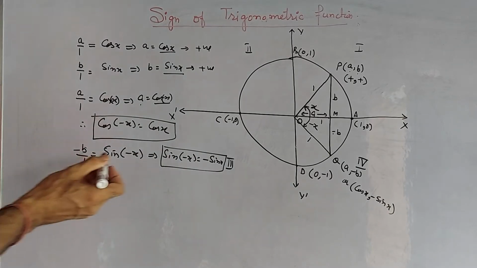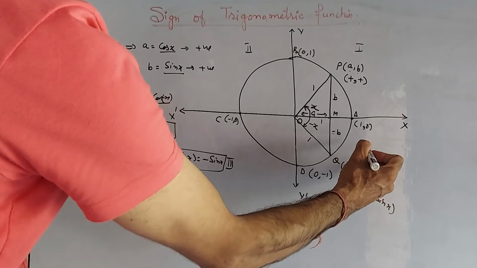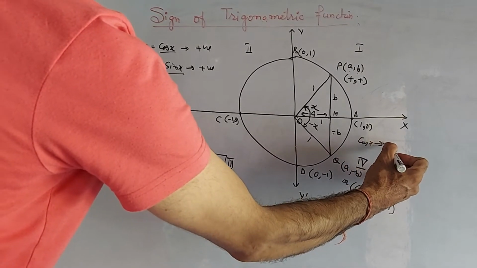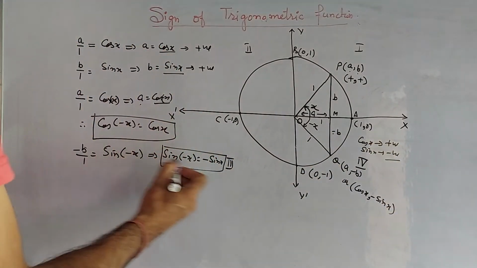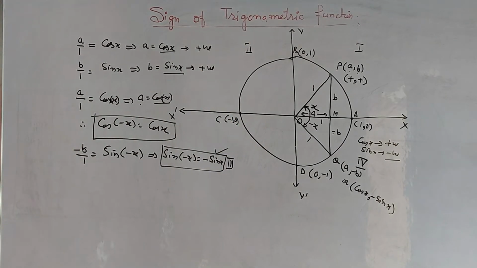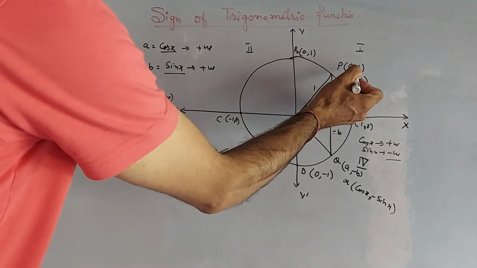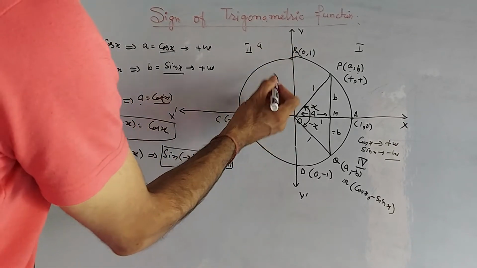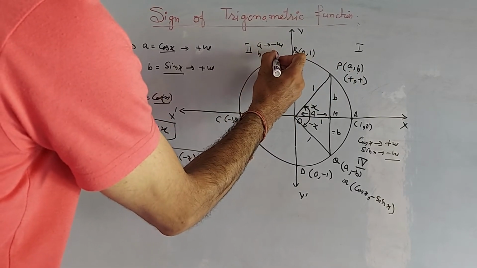Now we can see from this that in the fourth quadrant cos is positive and sine is negative. Now in the second quadrant, if point P reaches here, the value of a will be negative and b will be positive.